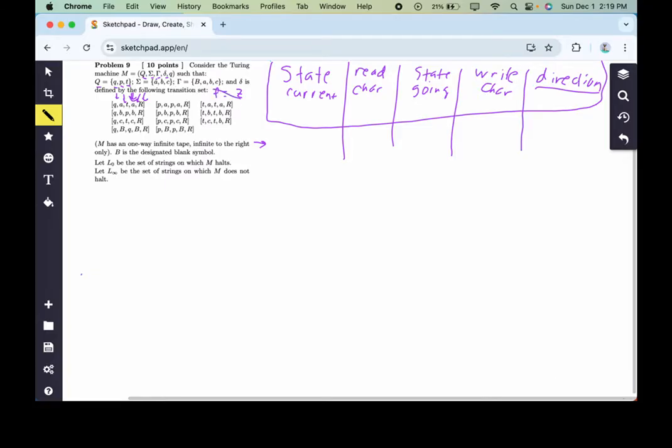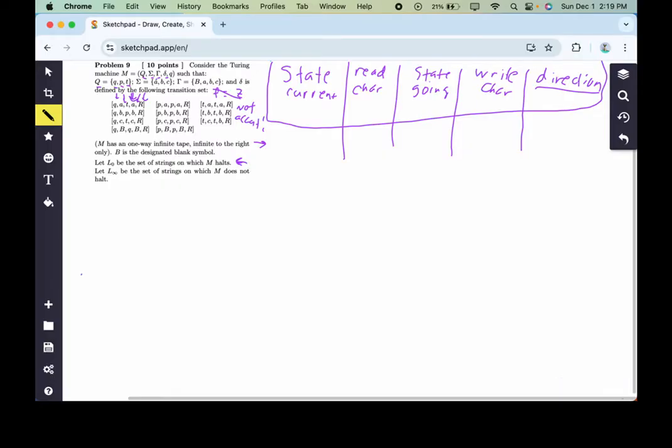Does not give us this, does not accept. Meaning that this is essentially going to kind of loop. It will not accept. You're going to kind of either diverge or reject. So, I mean, not diverge. In this case, we're going to halt.